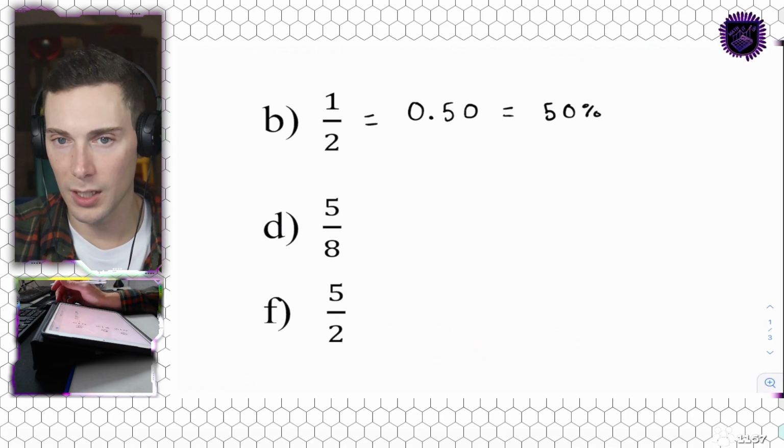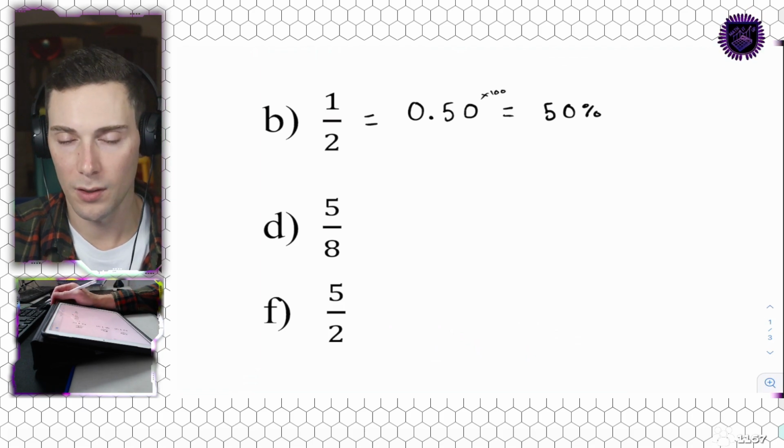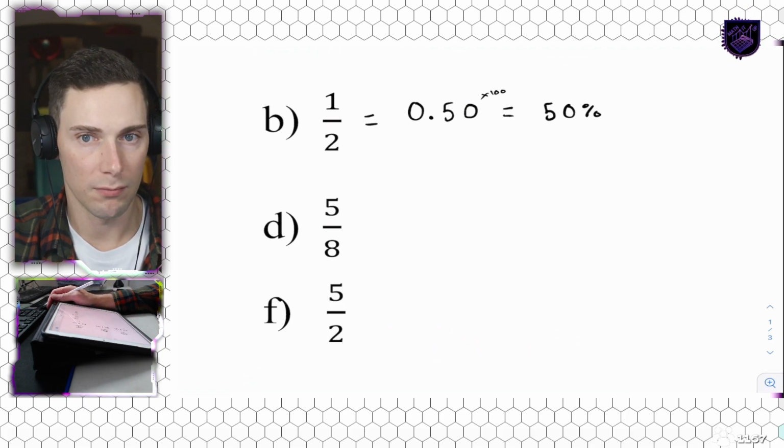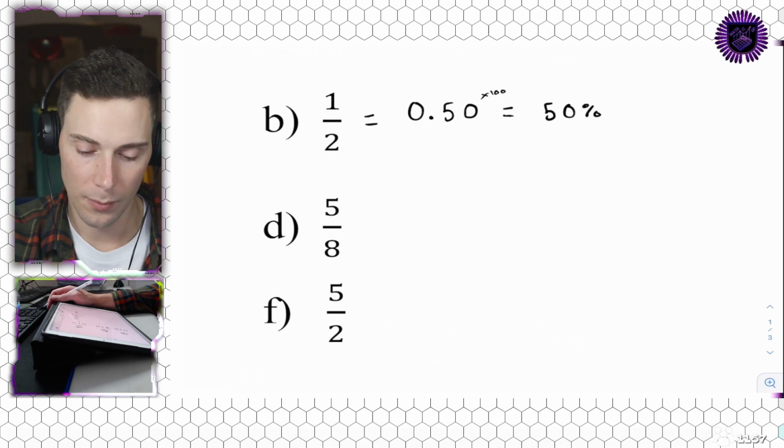Remember, to get from a decimal to a percent, I'm multiplying by 100, and that brings me to a whole number, 50. 50 out of 100.